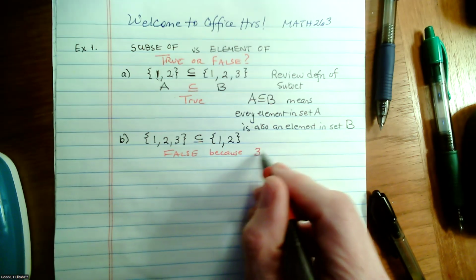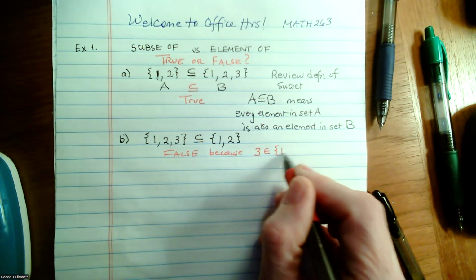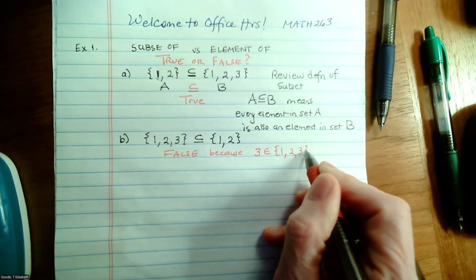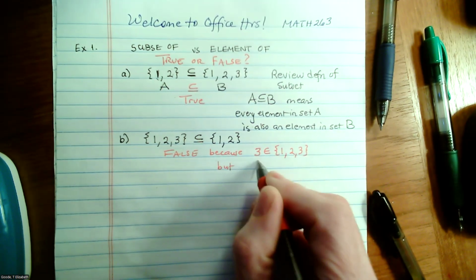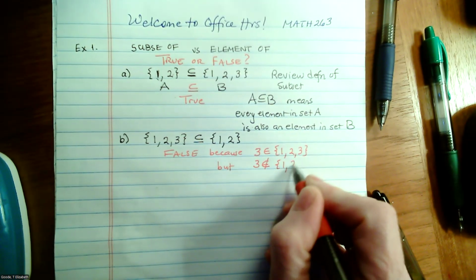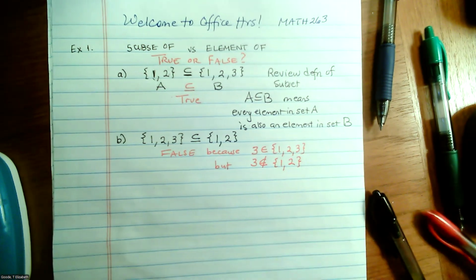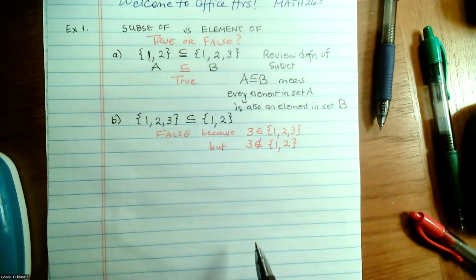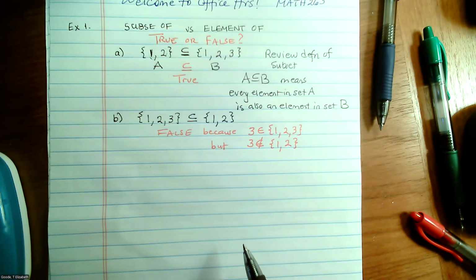That's right. 3 is an element of the set containing 1, 2, and 3, but 3 is not an element of the set that only contains 1 and 2. Good. Shall we do a few more? Yes. Yeah.